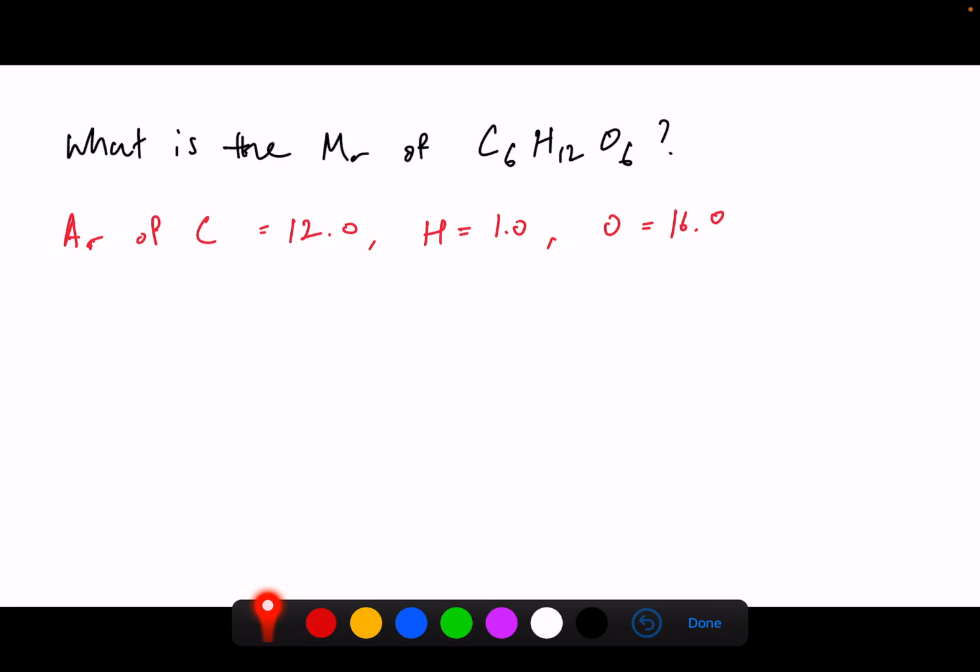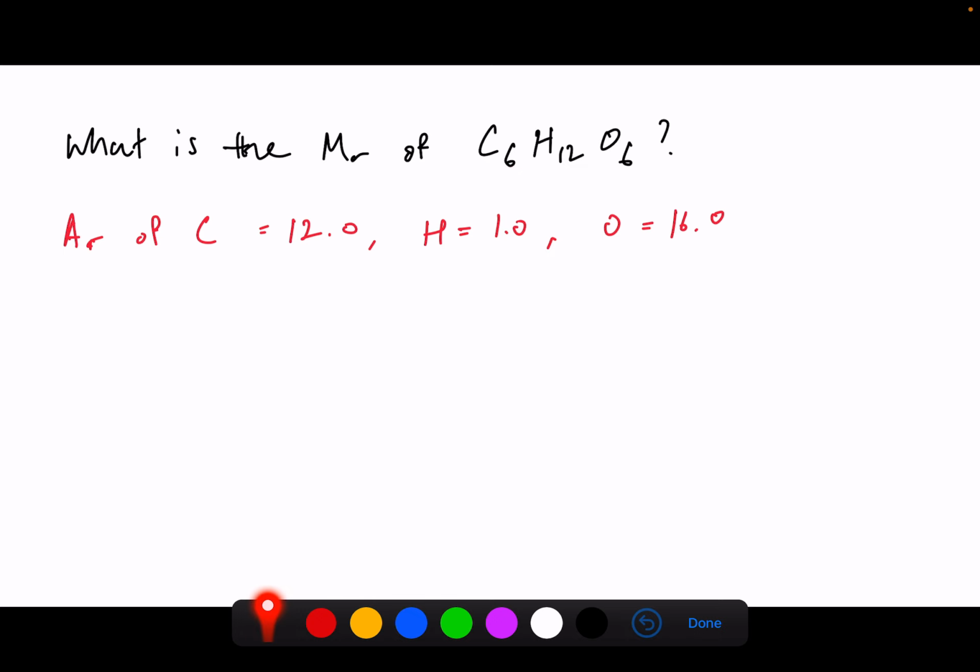The question is, what is the relative molecular mass of glucose, which is C6H12O6? Glucose is a covalent molecule. For reference, we know that the relative atomic mass of carbon is 12, hydrogen is 1, and oxygen is 16. When we find the Mr of this, it's essentially just a sum of the Ar of these constituent atoms.